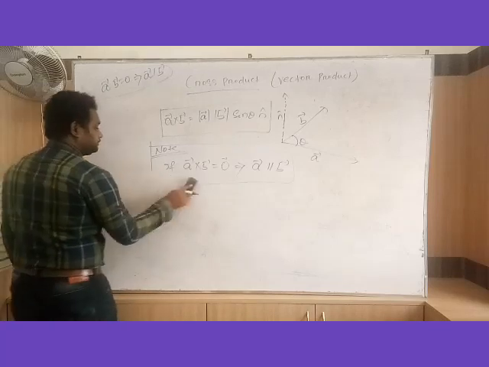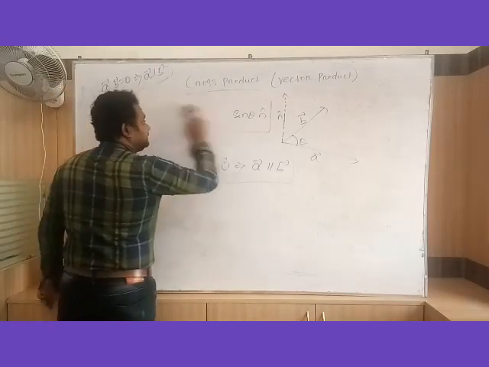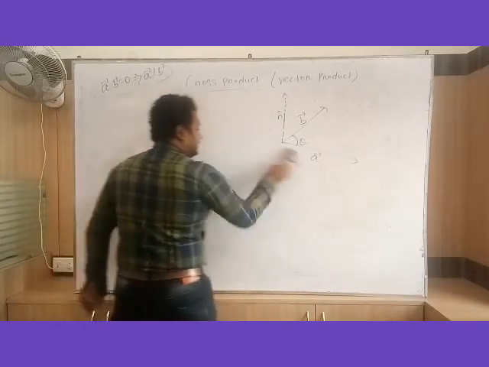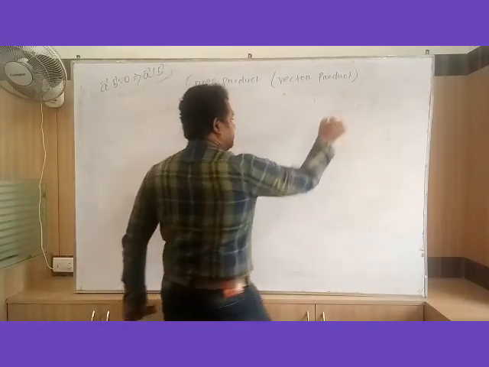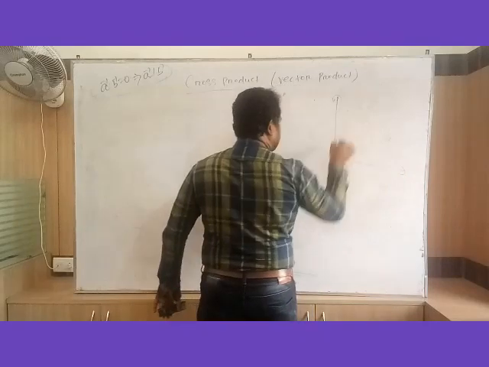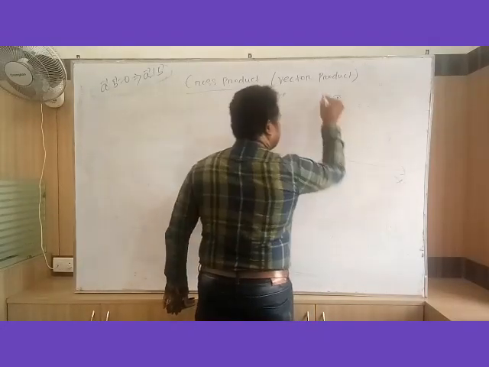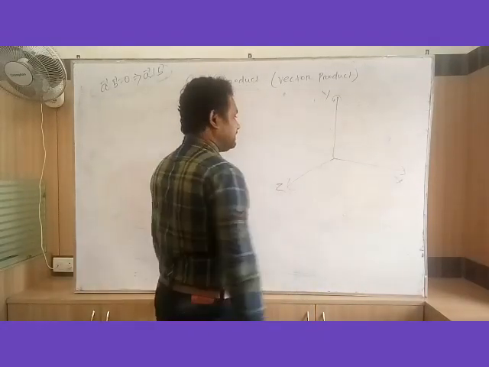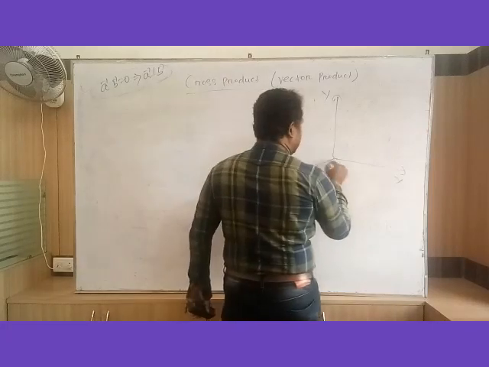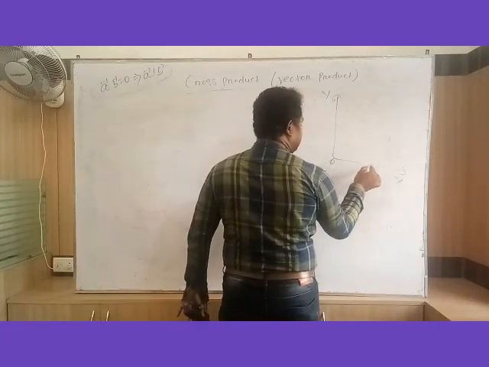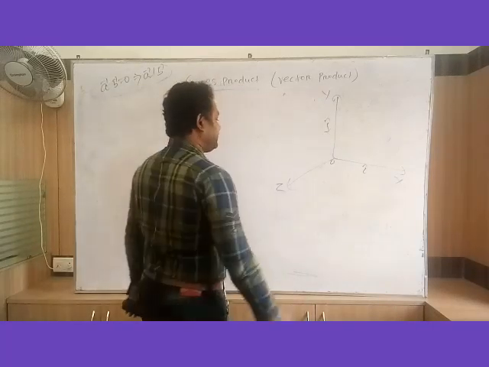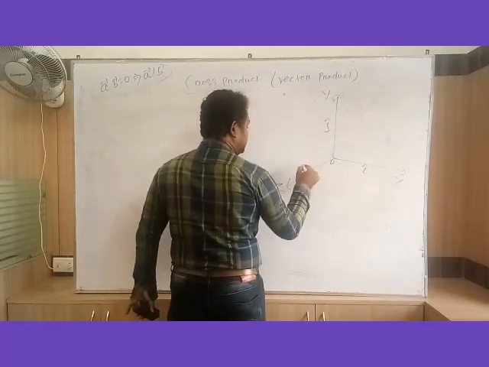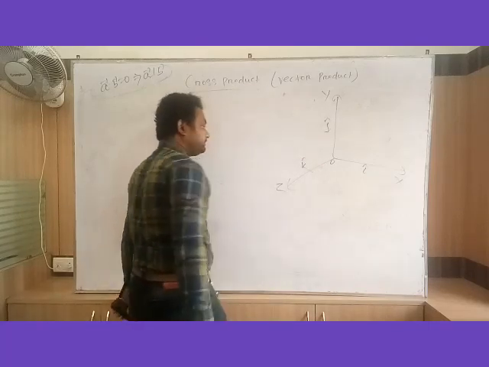Now, in dot product, we have taken three coordinate axes, x axis, y axis and z axis, and the unit vectors along the x axis is i cap, along the y axis is j cap, and along the z axis is k cap.